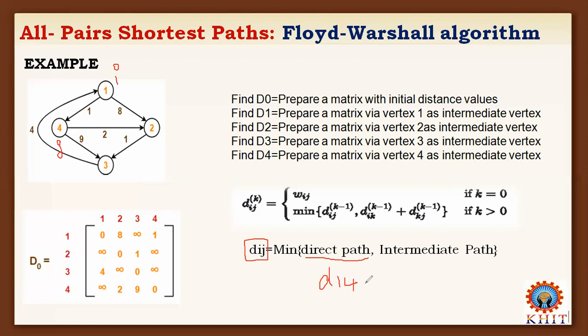And comma, the intermediate path. Intermediate path means that through intermediate nodes you can move from vertex 1 to vertex 4, if there is a possibility of doing so. So you need to calculate the distance from the direct path and the indirect path values, and whichever is minimum, that minimum value is to be considered as the answer. So in this way we can prepare the matrices.